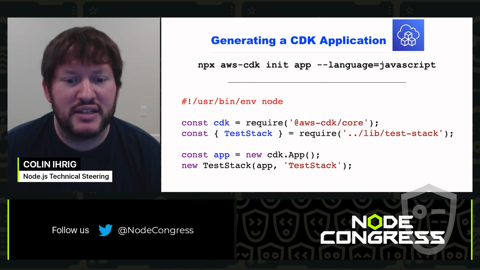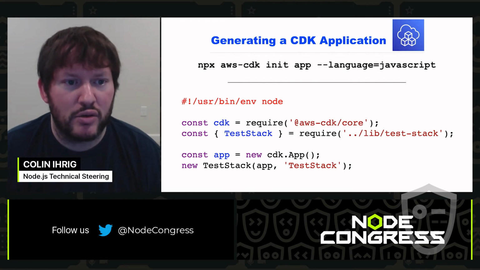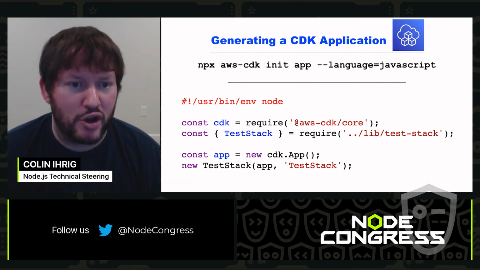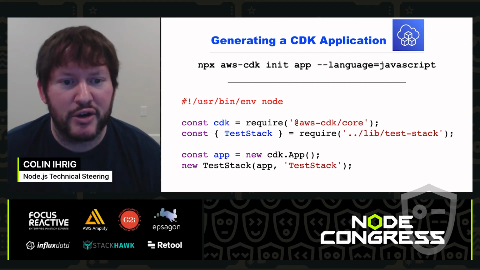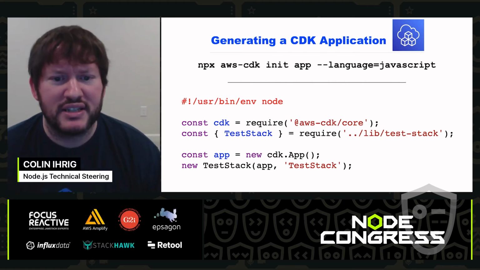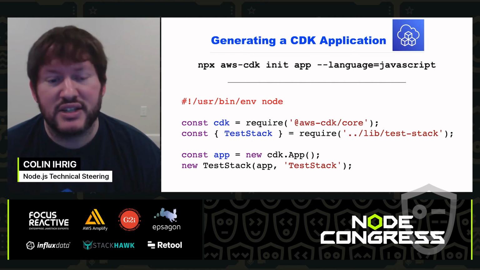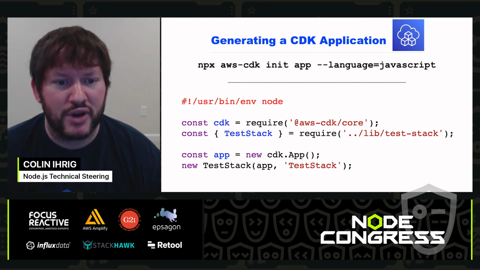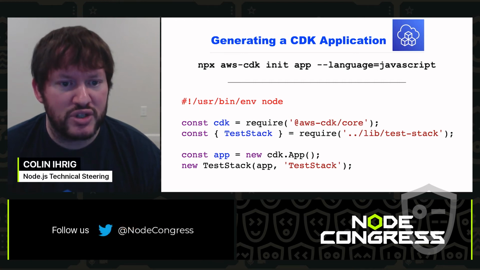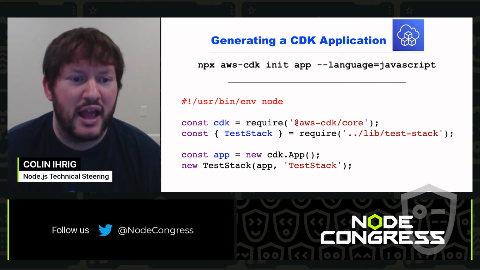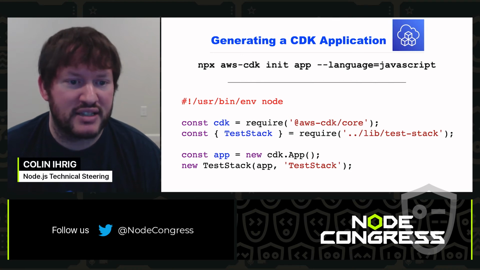So this creates a bin folder, and you can actually run this file directly. You can see the little shebang at the top of the code here that most Node binaries include. So what this does is it imports a test stack that was also generated for you, instantiates your application with the new CDK.app constructor, and then it just creates a new test stack.